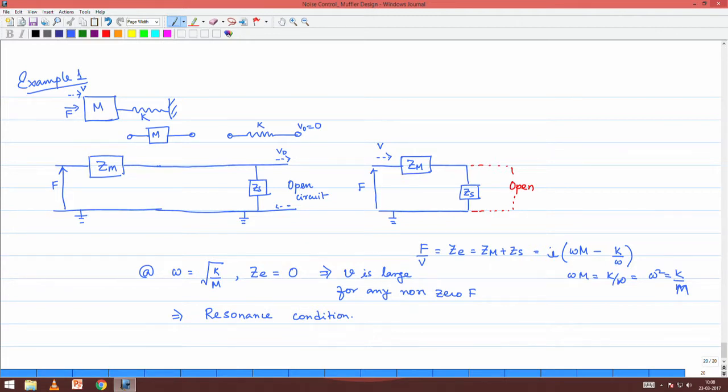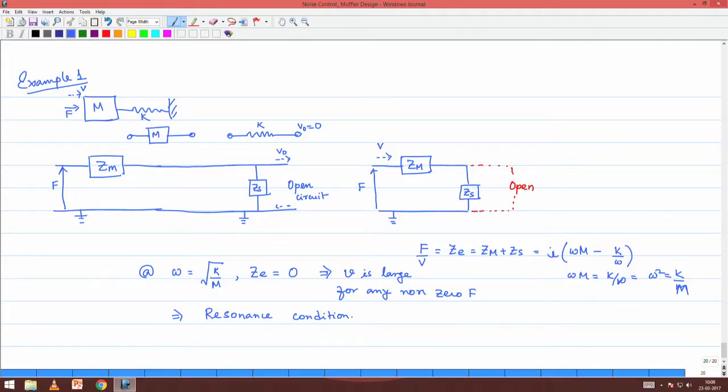So, from here what we will realize is that the resonance is obtained when you have the imaginary part of impedance going to 0, right. Here the impedance is completely imaginary anyway, but later we will see that there is a possibility of damping also that will bring in the real part, but maybe I will hold that for a while.